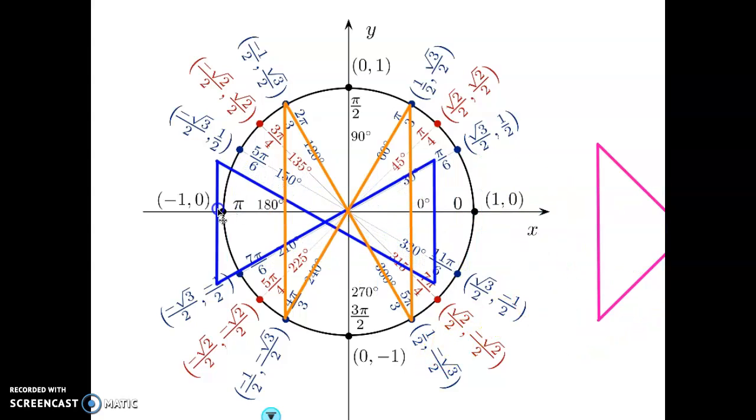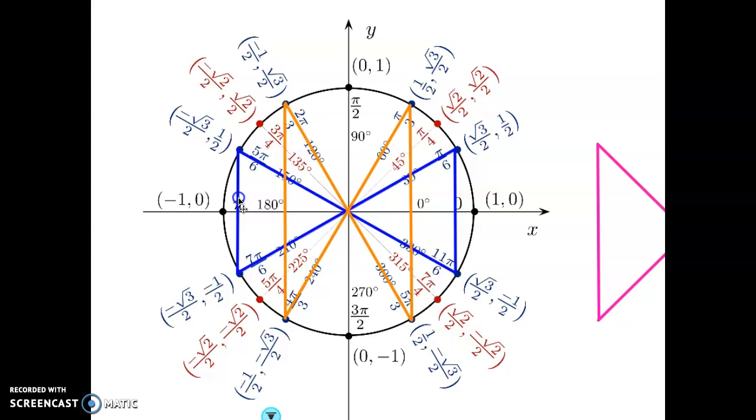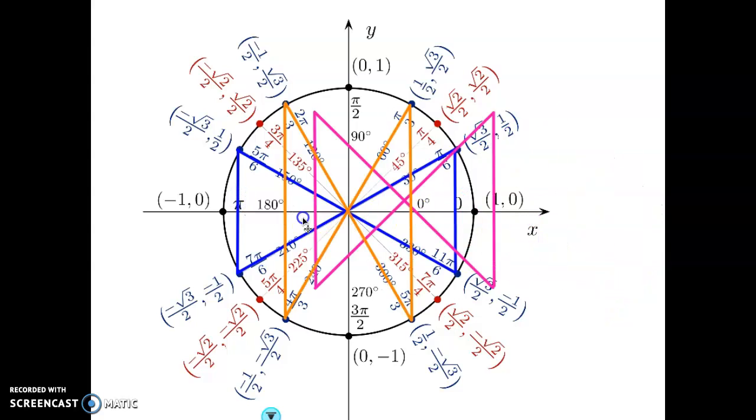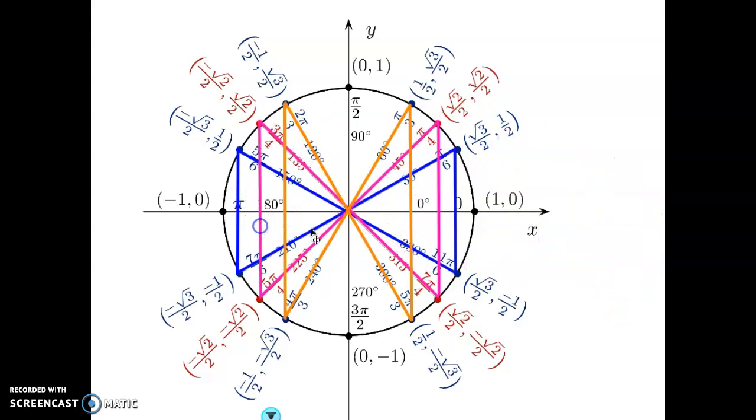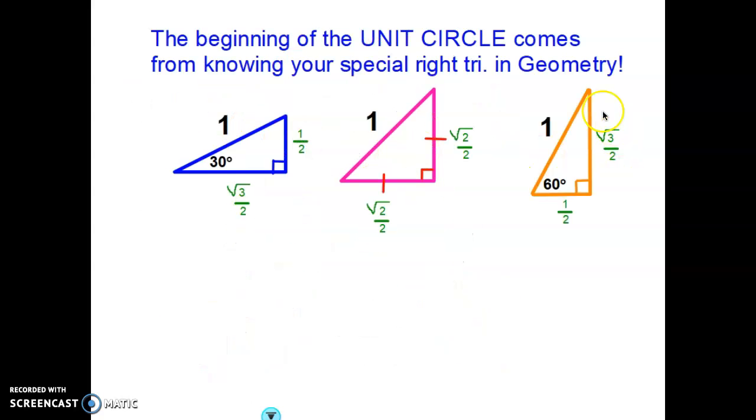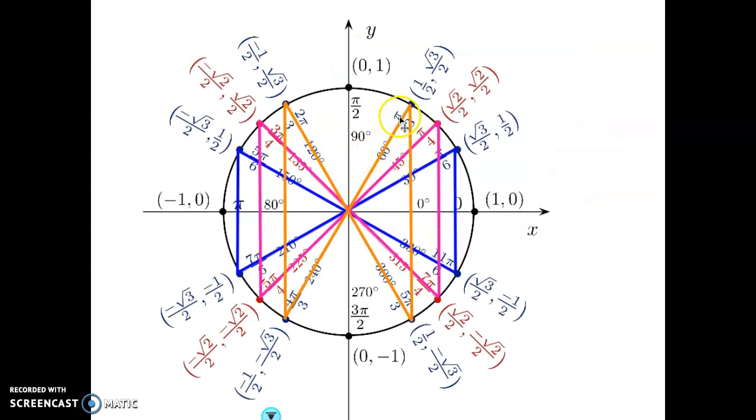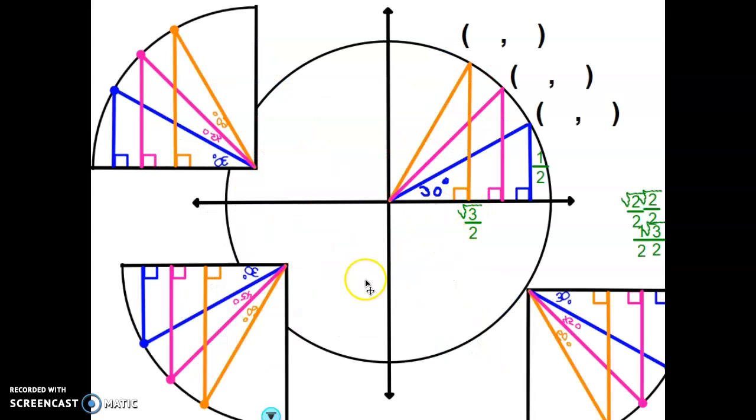So I'll put it all together. And this is what you really want to know, that first quadrant, because it comes from, I'll go back, these triangles right here. There they are. And I'll explain that with this.